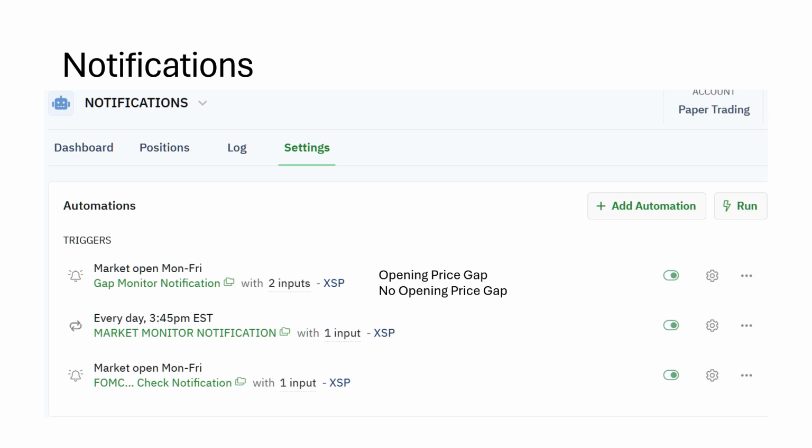If this occurs, we suspend new trades for the day. Notifications are opening price gap or no opening price gap. Market Monitor notification tells us if the market is experiencing a downward correction. The trading bots automatically adjust the deltas for any new investments based on that analysis. Notifications are market correction active or normal market direction.